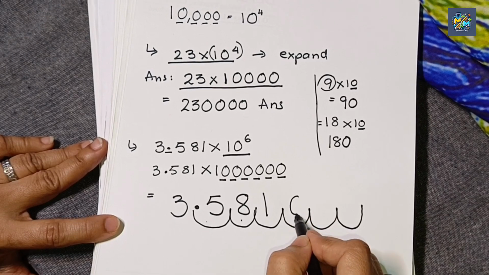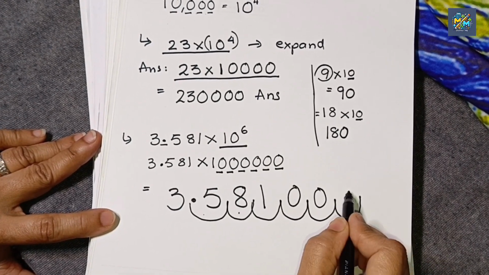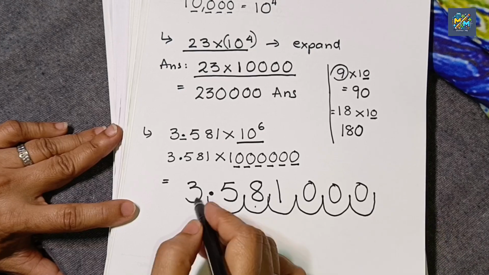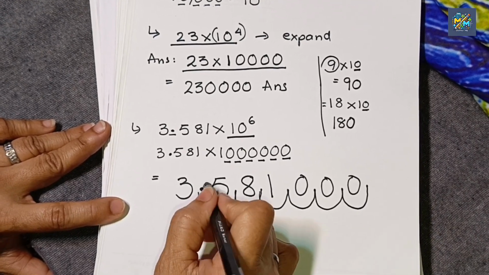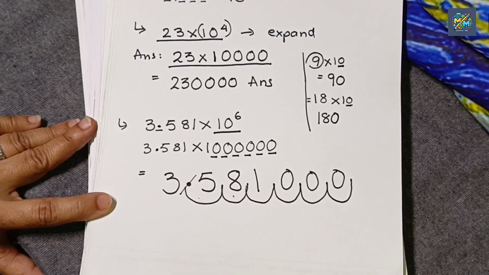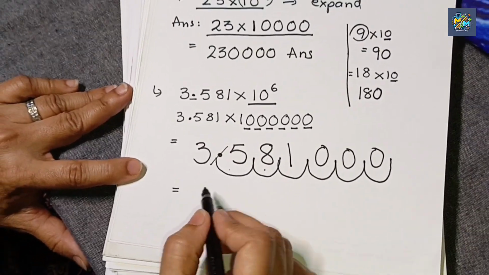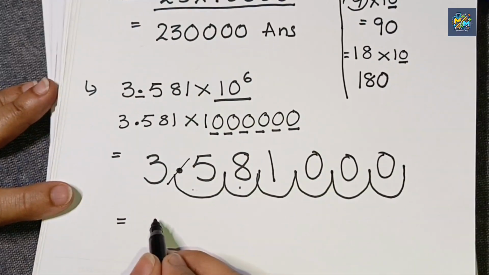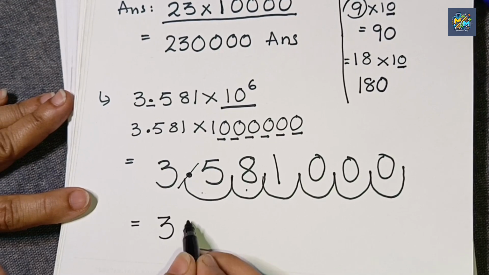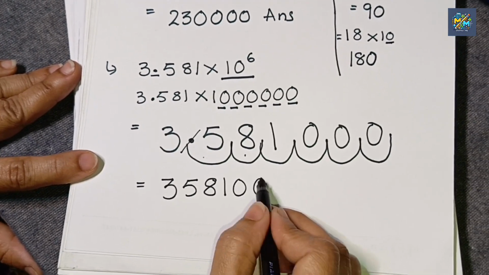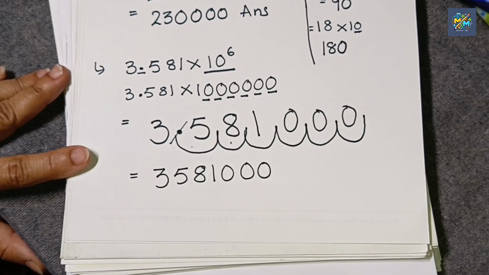After these moves, I will be eradicating this decimal. So my answer will be 3, 5, 8, 1 and triple zero.